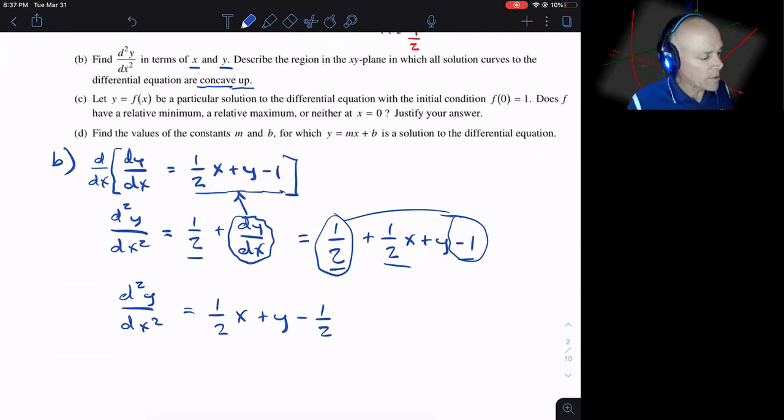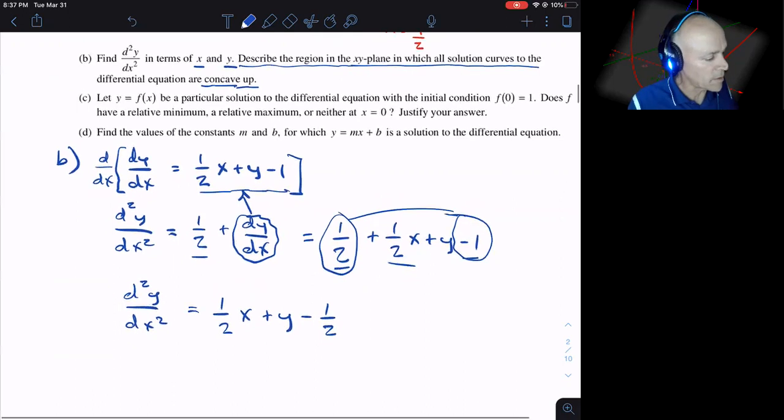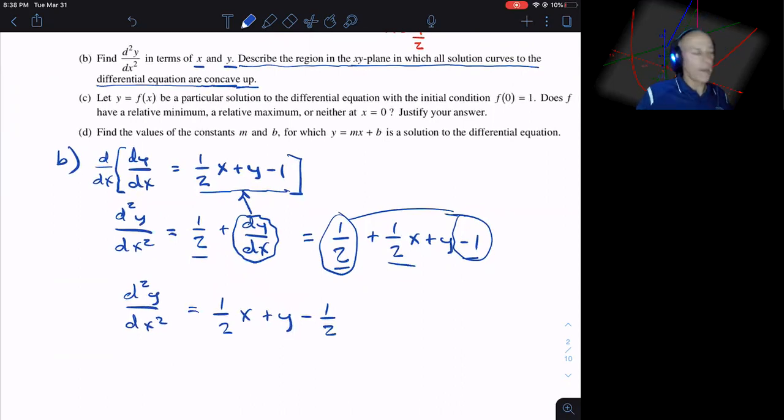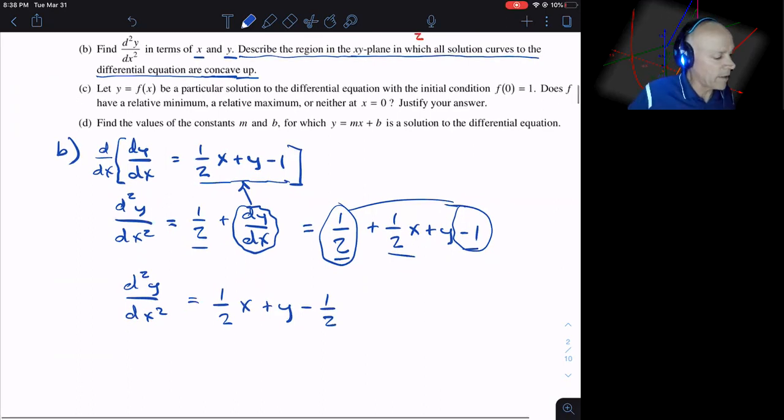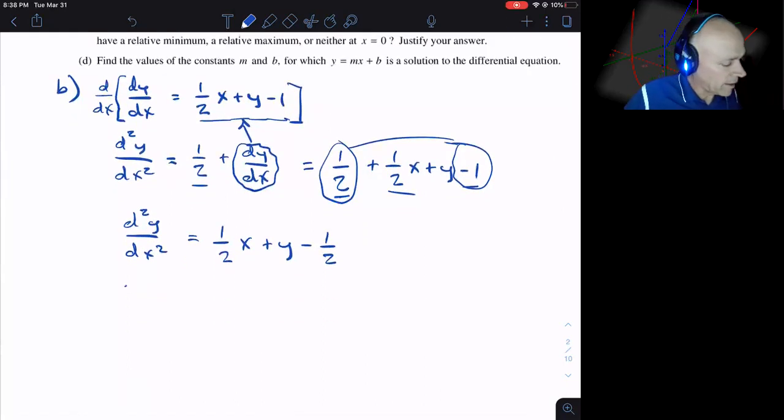Now it's asking me to describe the region in the xy plane in which all solution curves to the differential equation are concave up. Well, I know my solution curves are going to be concave up when the second derivative is positive.